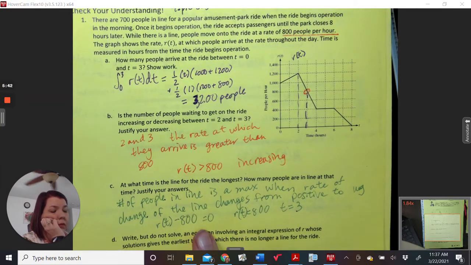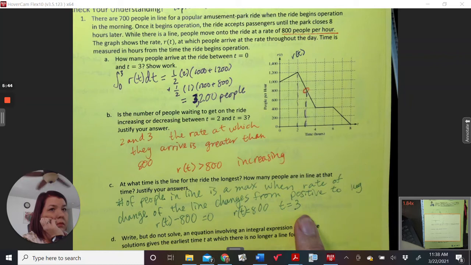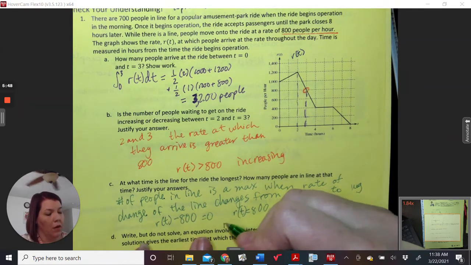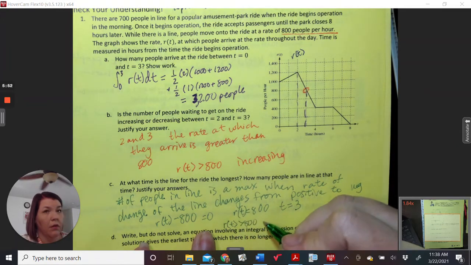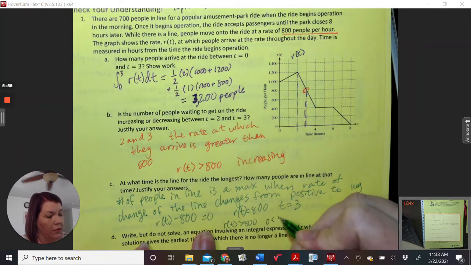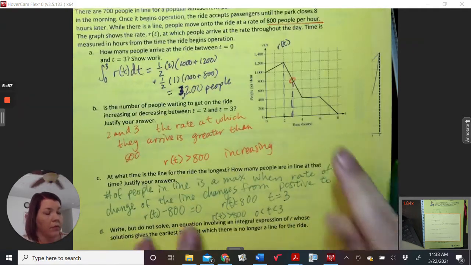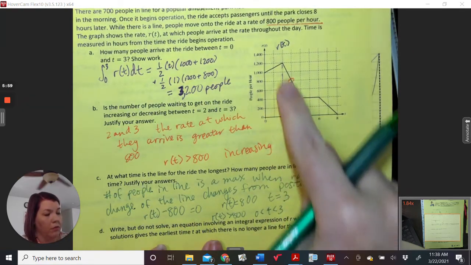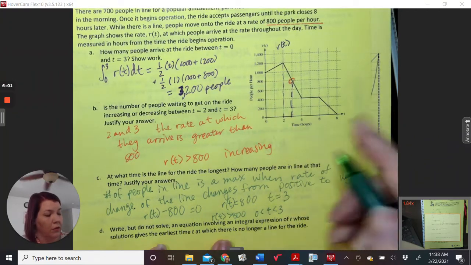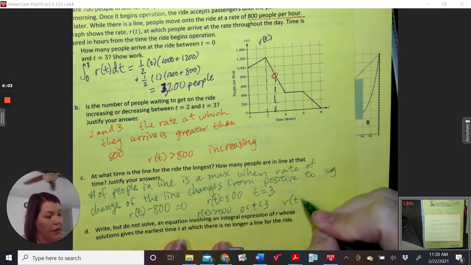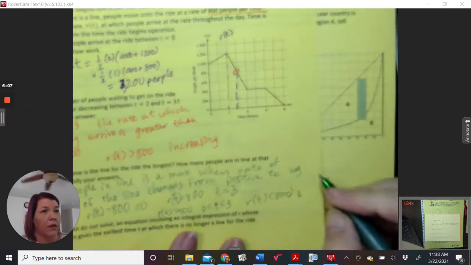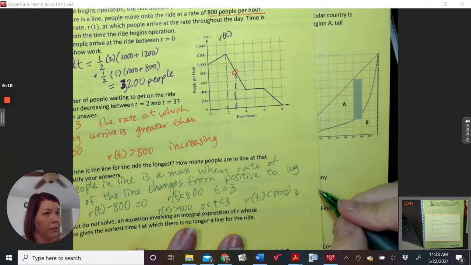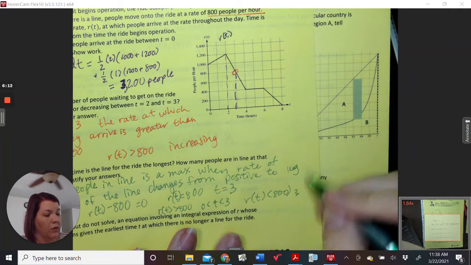Okay. We know that R of t is greater than 800 between 0 and 3, right? Greater than 800 between 0 and 3. And we know that the rate is less than 800 from 3 to the end of the day. I'll just say greater than 3.